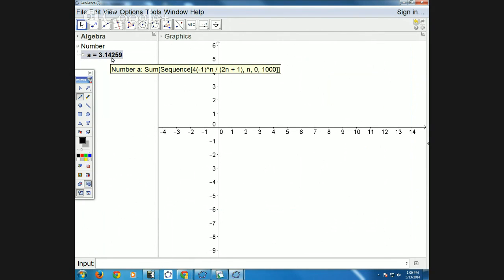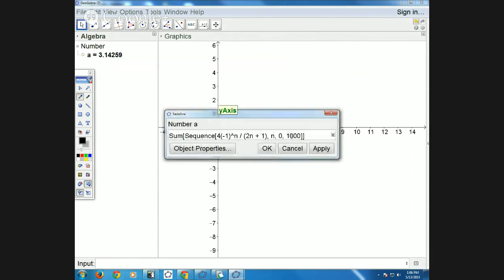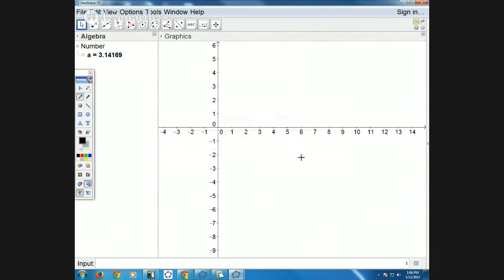Convergence is wicked slow, painfully slow. I got 3.1416. So it's a slowly converging way to get pi. I went 10,000 terms and that's what I got.